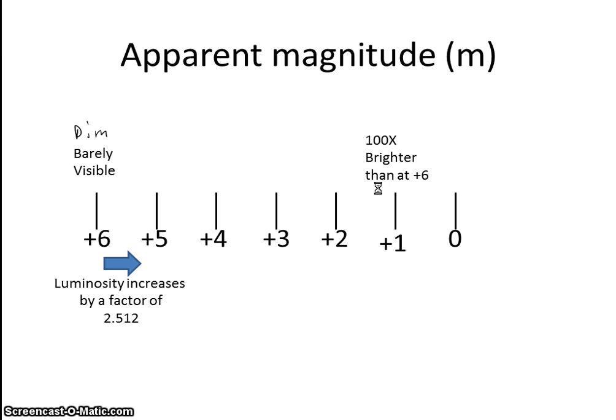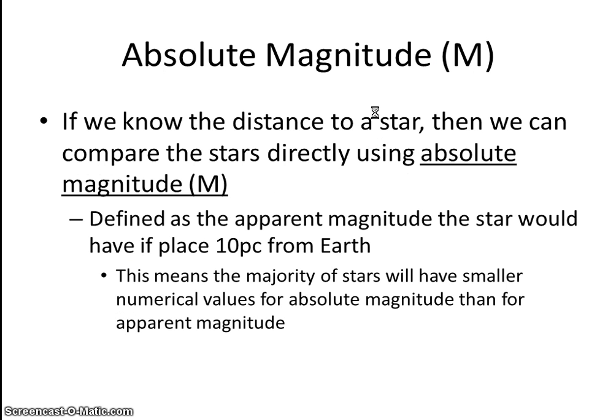I forgot to mention, apparent magnitude we represent with a lowercase m. Absolute magnitude, on the other hand, we represent with an uppercase M. Absolute magnitude takes into account that the stars are different brightnesses because they're all different distances from Earth.